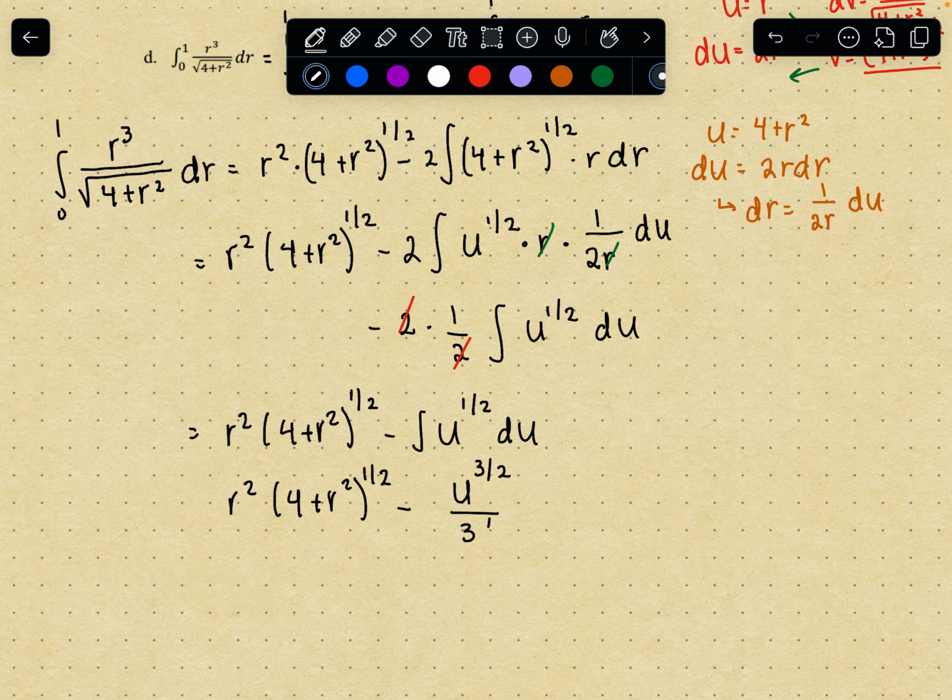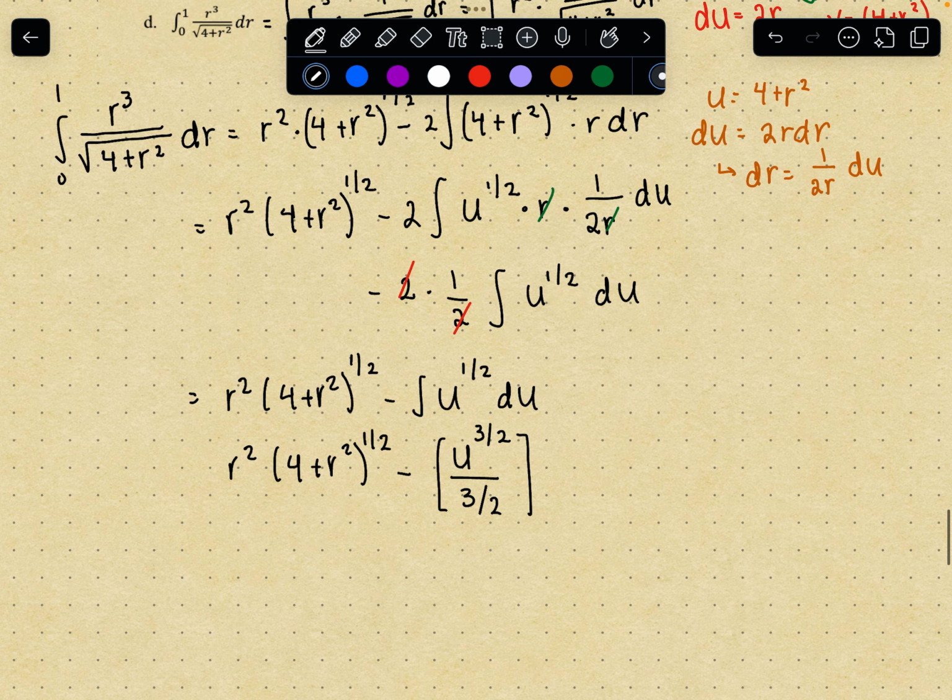I think so. It's looking right, I think. Okay, no. Sorry, I got distracted. All right, well, what's u? That's u. And this is the same thing as 2/3 multiplying this.